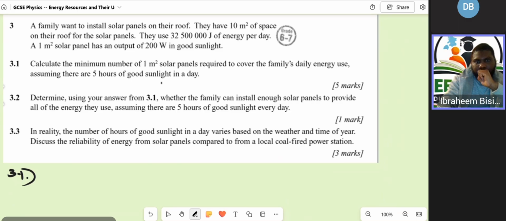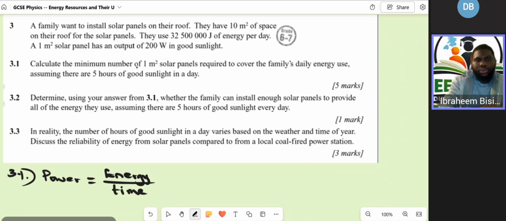Let's first find the energy that will be produced by a 1 square meter solar panel for 5 hours, given this power of the solar panel. You know that power equals the rate at which energy is transferred, so that is energy transfer divided by time.